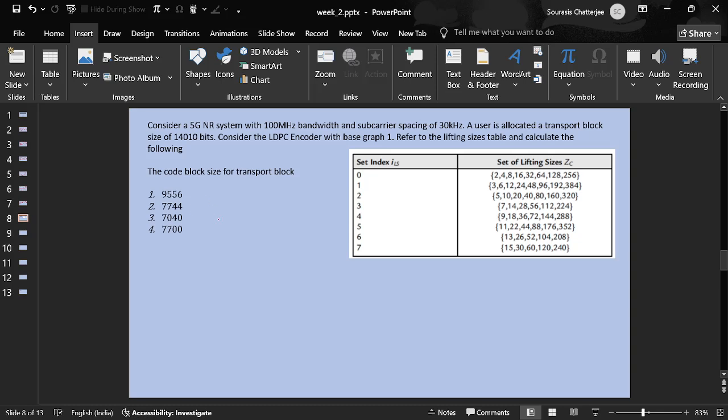So I have a transport block size of 14010. What is the CRC I need to append to it, the number of bits?